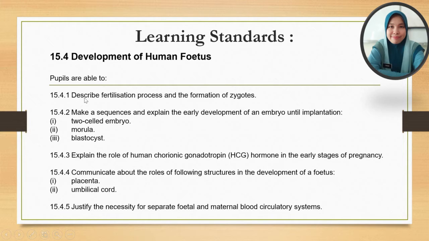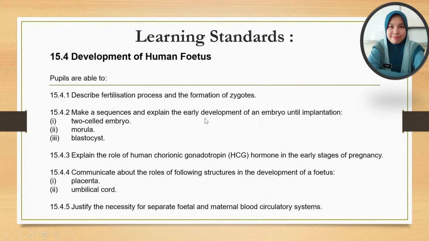The first one, pupils are able to describe the fertilization process and the formation of the zygote. You have to explain the fertilization process and also explain the formation of the zygote. And then number 2, make a sequence.